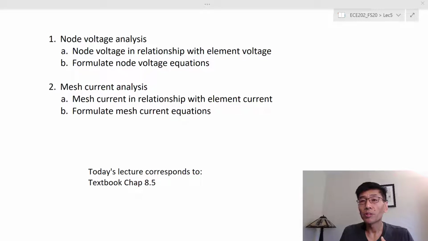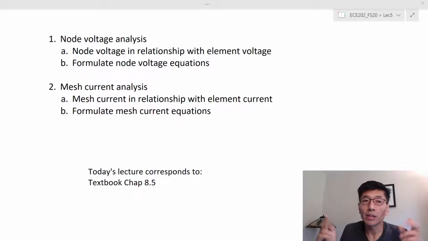In my experience, most students feel mesh current analysis is a little bit more confusing than node voltage analysis. So I will first address the relationship between the mesh currents and the element currents in the third video clip.